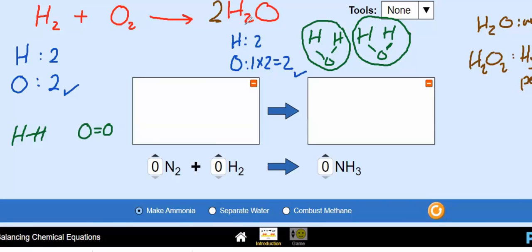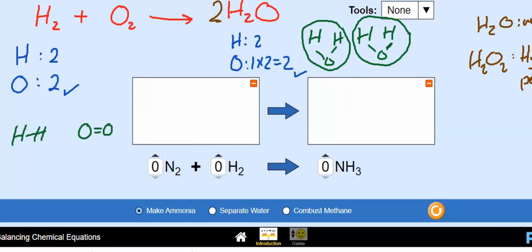Now you can see I don't have 2 hydrogens, I have 2 times 2. Let me use the spotlight here. You can see the number of hydrogens: 1, 2, 3, 4 hydrogens and 2 oxygens on the right-hand side, while on the left-hand side you have 2 hydrogens and 2 oxygens.